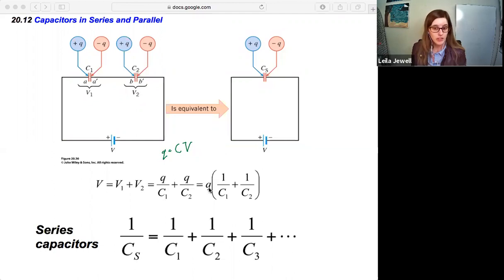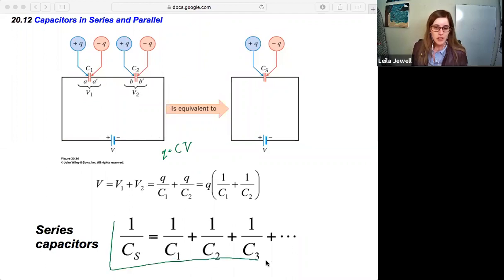So if we factor out the Q, we get Q times the quantity, 1 over C1 plus 1 over C2. This is the inverse of our equivalent capacitance for series. So 1 over CS is equal to 1 over C1 plus 1 over C2 plus 1 over C3. And that's how we can create an equivalent capacitor for all of the series capacitors.